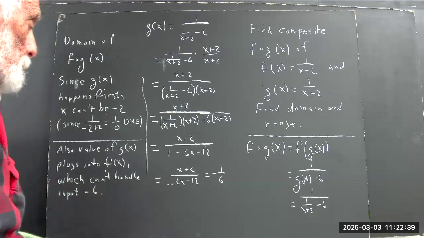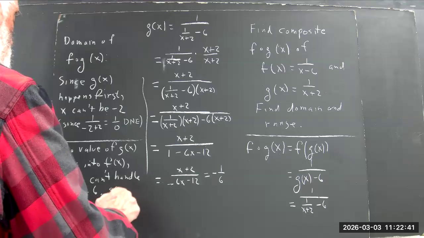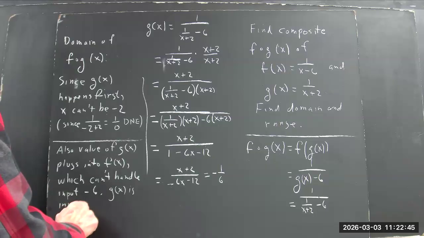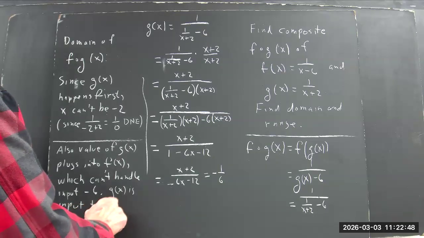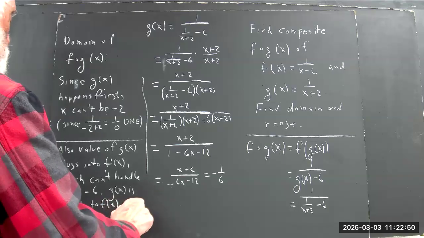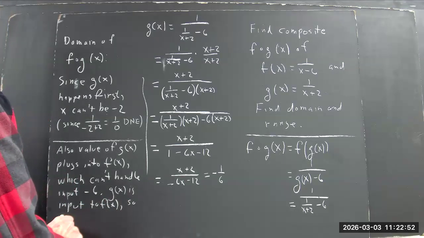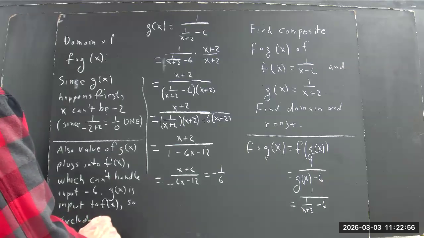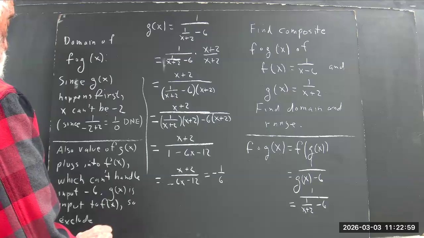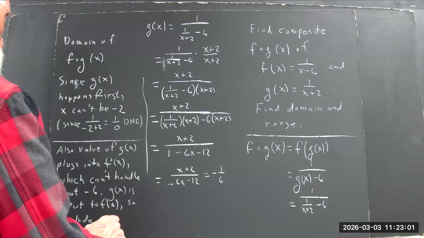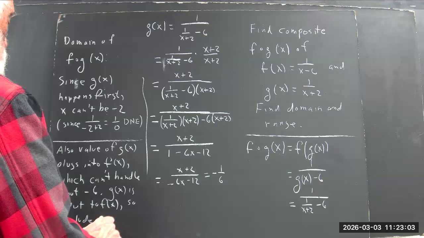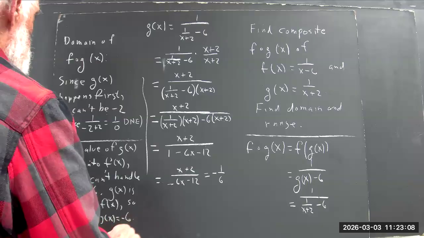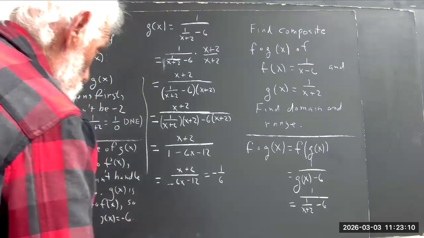Well, g of x is the input to f of x. So we have to exclude g of x equals 6 from the domain.